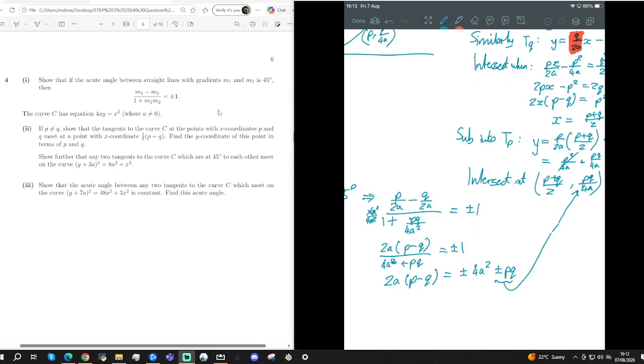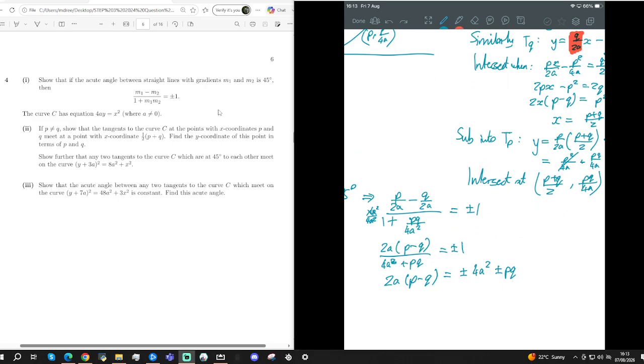We're trying to get rid of the P and the Q. Probably the best bet, I don't like the plus or minus. I think I'm going to do that second thing and rewrite the X and the Y using this condition here.